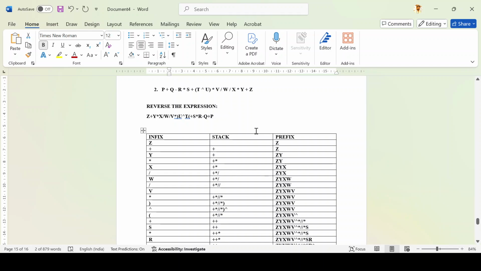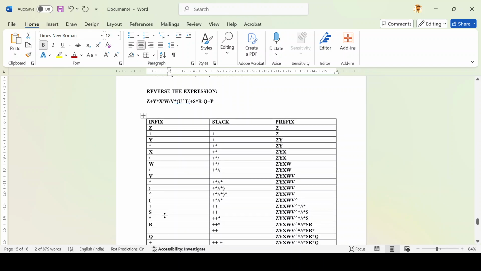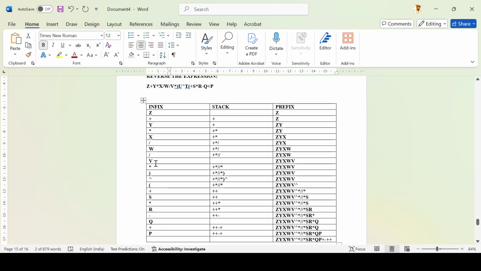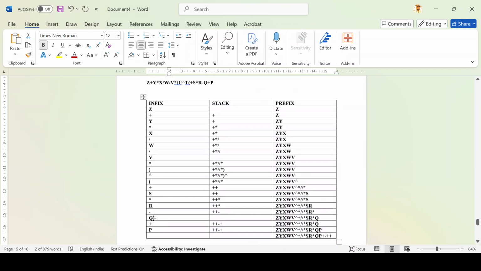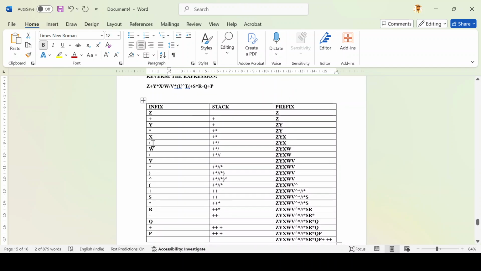So here the rules to remember: if the incoming operator has the highest precedence than the top of the stack, as in the case of multiply here, then simply push it into the stack.